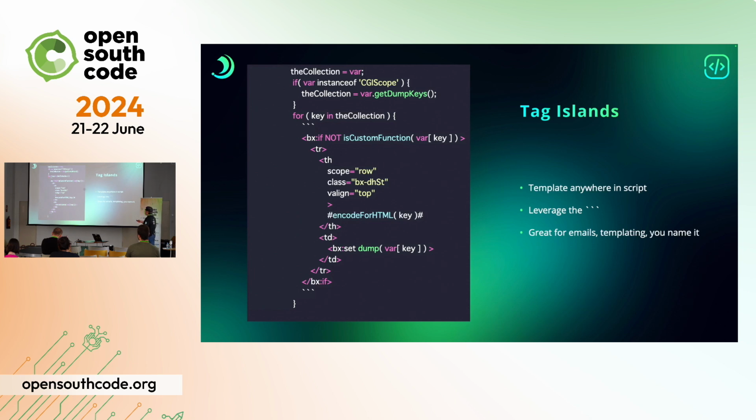So here I've created a for loop on a collection, and I've created my tag island, and I've created my template, and this template will execute within the script. So now I'm mixing both parsers and both concerns within the same language. Okay? And this allows me to create a nice little template that I can iterate with different items from a collection. I can even store all this in a variable and send it off in an email or whatever. So it gives you that power for you to template whatever you want to do templating.